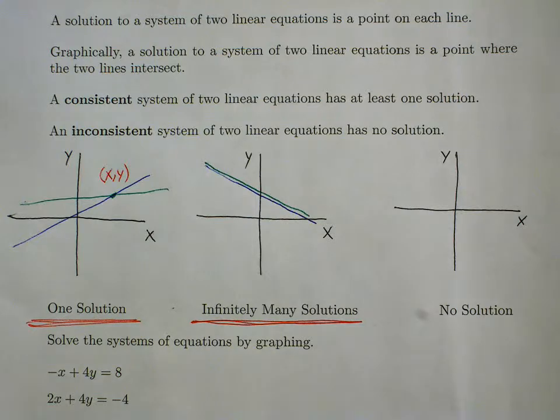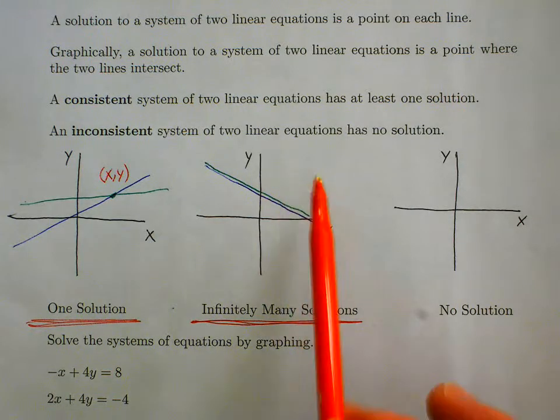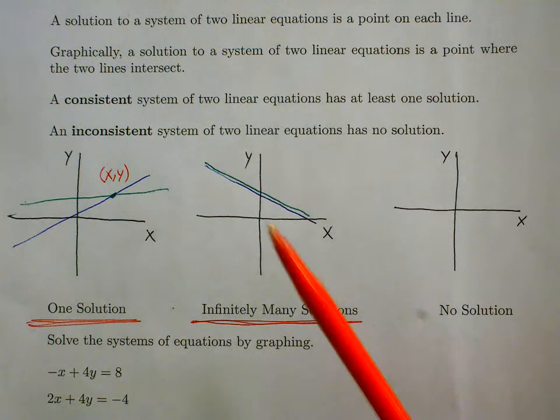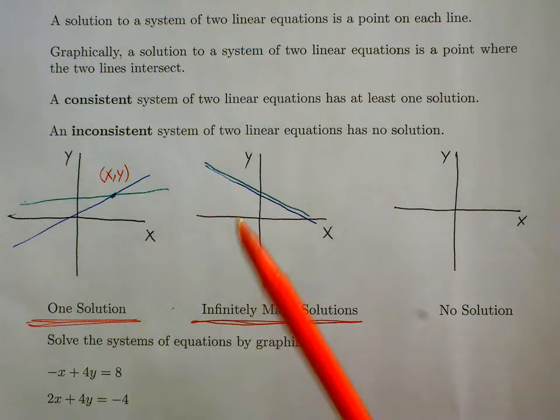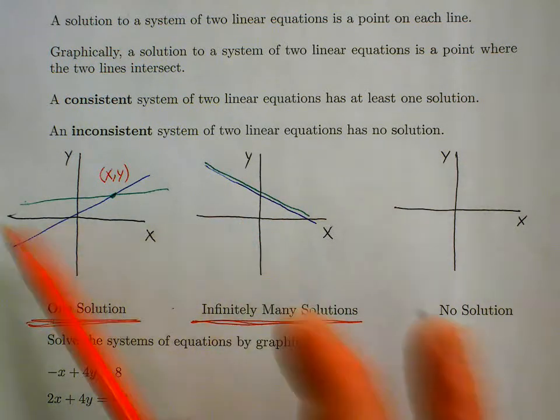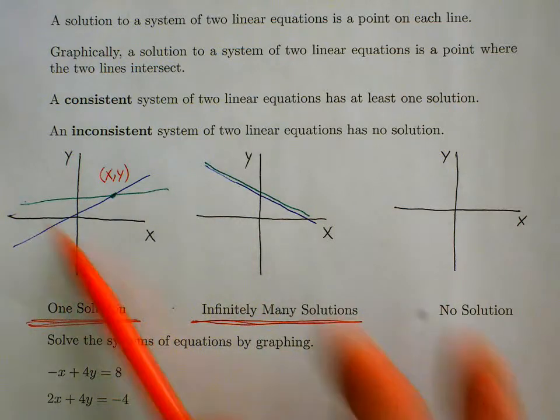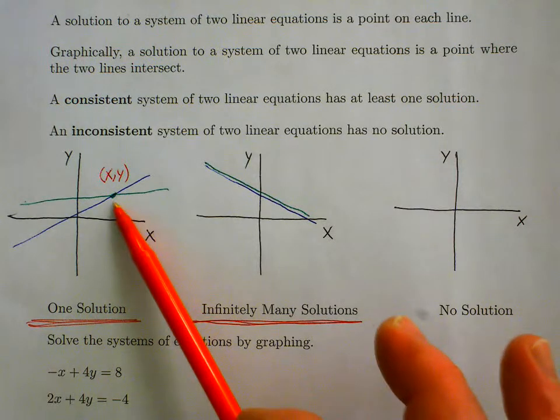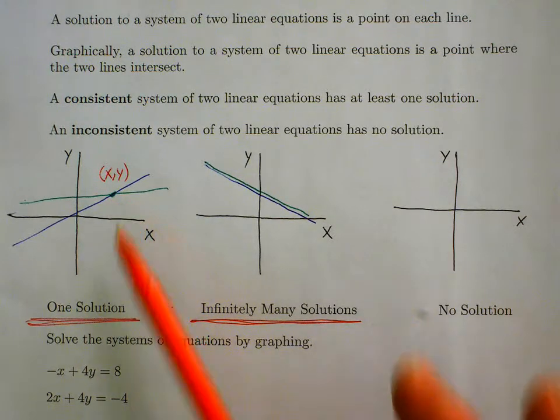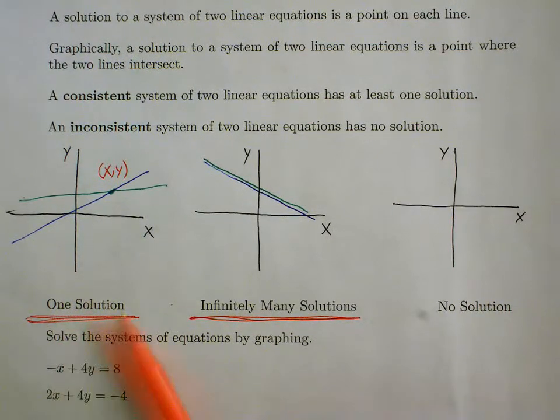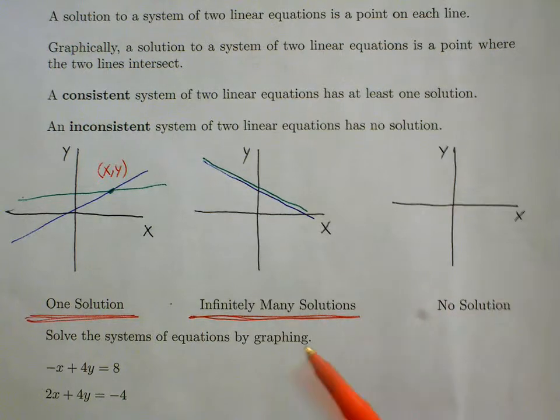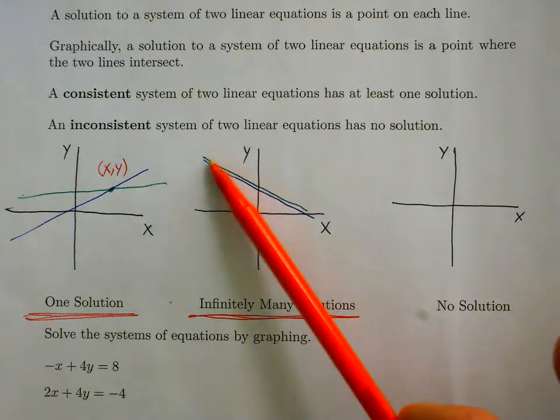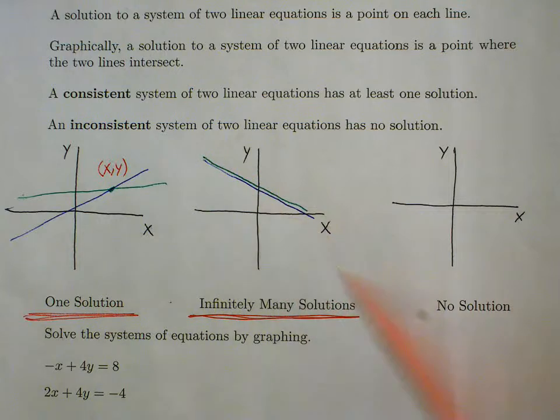So think of the background here. We have two linear equations, and we're graphing them. In the first case, when we graph the two different lines with two different slopes, they will intersect at exactly one point. And that means the system has one solution in the form of the ordered pair. And then if the two lines are exactly the same, the system has infinitely many solutions.